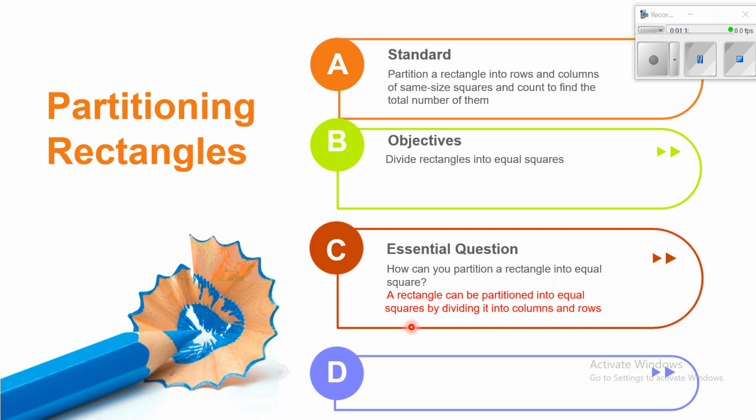A rectangle can be partitioned into equal squares by dividing it into columns and rows. We will see the meaning of columns and rows. So you have to say with me, rows, rows. Here's the plural, so row, and columns, columns. It's a column. So let's see now.